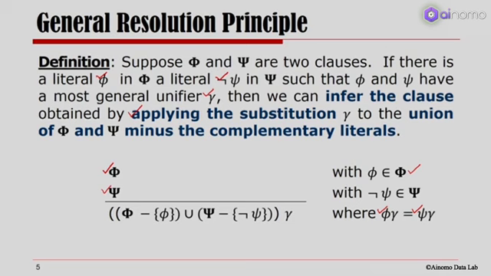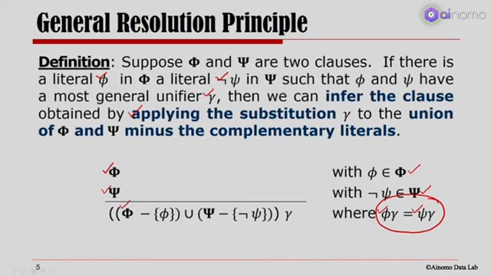If there is a resolution refutation of delta, then we say that delta, the set of clauses that I started with, is refutable. So here is the resolution refutation of the set of clauses delta, because as you can see, I have a resolution trace, and in that resolution trace you can see that finally I have the empty clause.